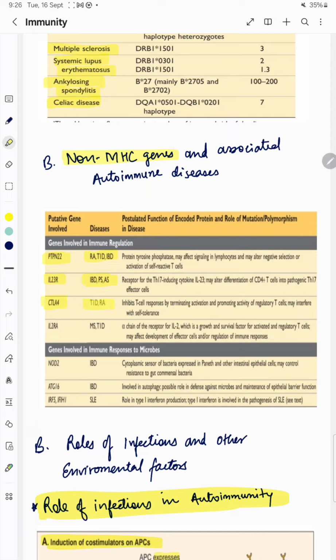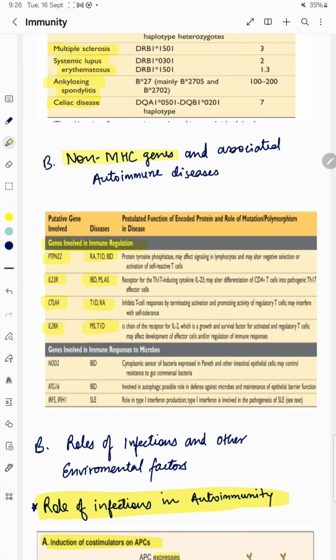CTLA4 is associated with type 1 diabetes and rheumatoid arthritis, and interleukin 2 receptor is associated with multiple sclerosis and type 1 diabetes. These are examples of non-HLA or non-MHC genes involved in immune regulation.